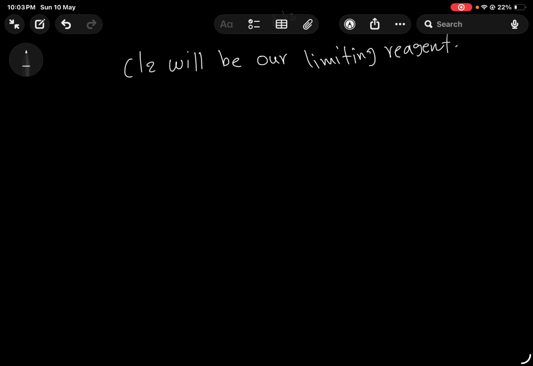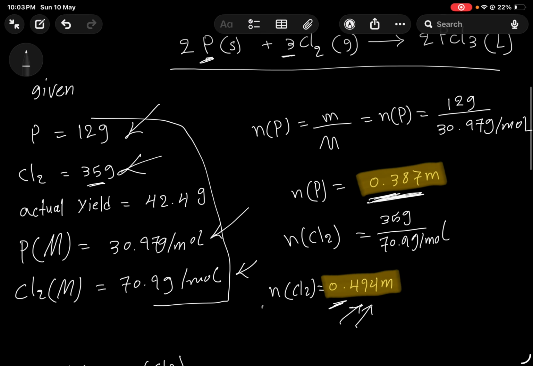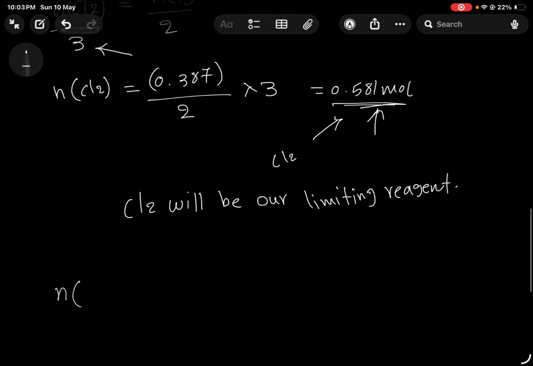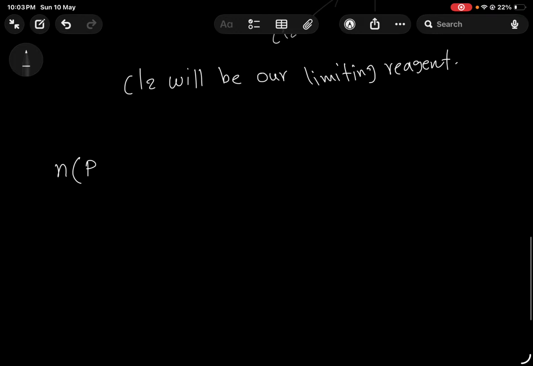once we have found the limiting reagent, we're going to use it for the theoretical yield. So n of the product, if you look at the formula, n of the product, PCl3, is equal to n of our limiting reagent, which in this case is Cl2.